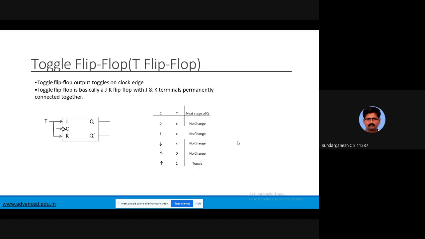When you give the negative edge also, no change. During the positive edge, when you give input 0, J and K will be 0. When both are 0, the output won't change. Next case, when the input T equals 1, J and K are 1, and the output will toggle. So this is the condition for the toggle flip-flop.